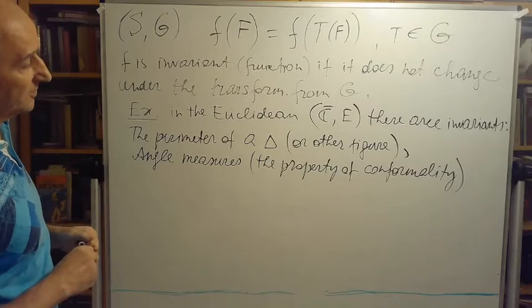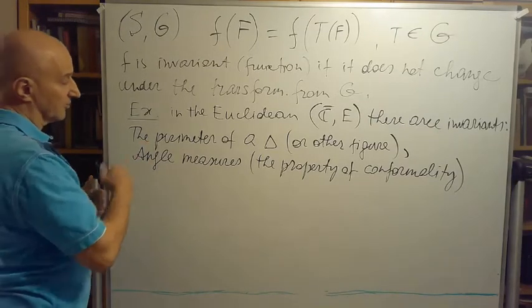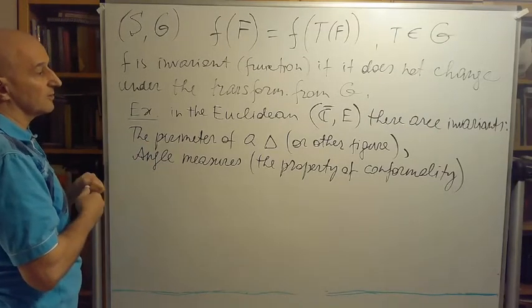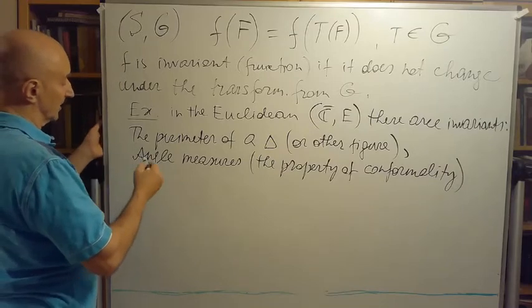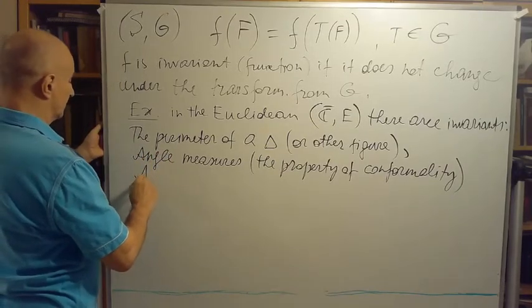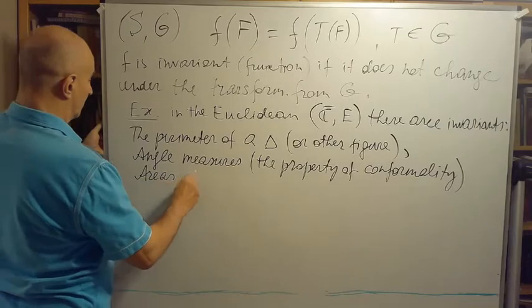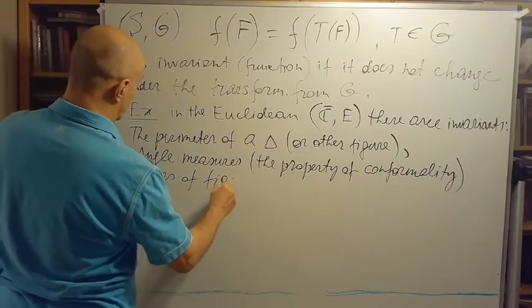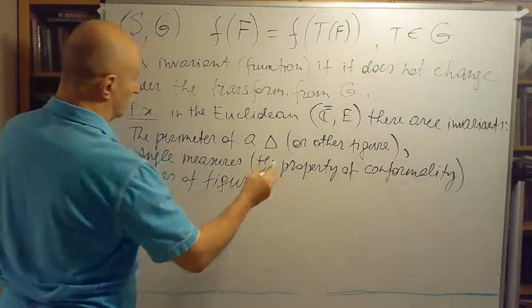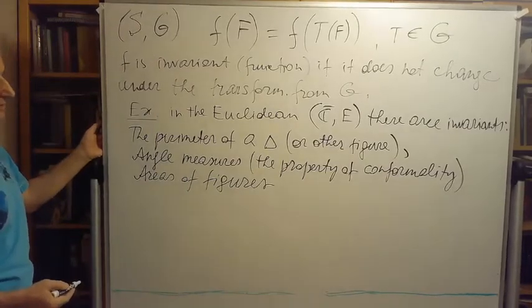We also know about this, of course, from elementary geometry, but we can prove it in our model of Euclidean geometry in the complex plane. Areas of figures. Just a few examples.